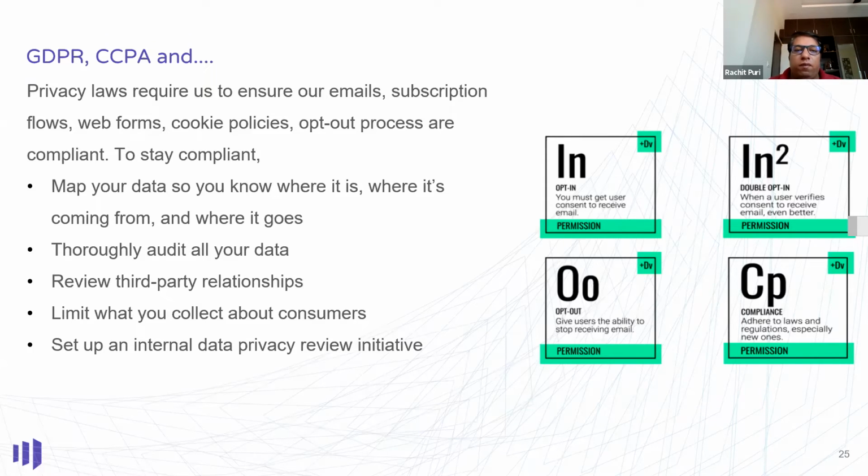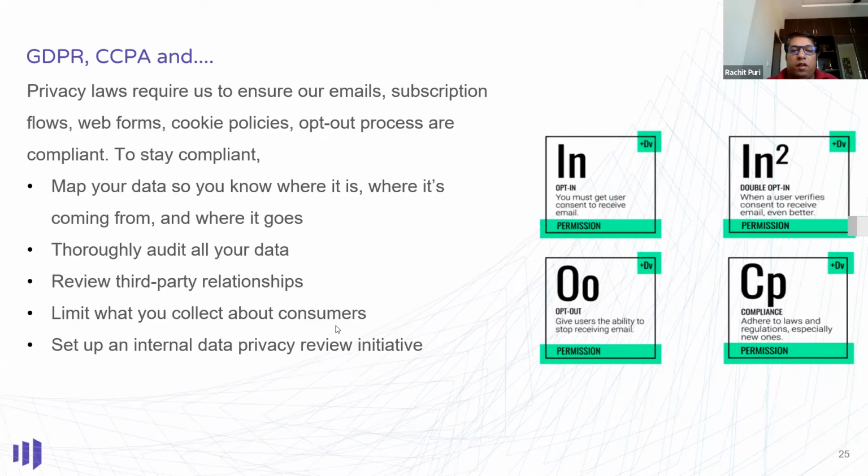But it is really important now that to stay compliant, you have a very clear understanding and documented processes which capture how your data is being captured, where it is coming from, who's using it, and what happens with that data. So it's really critical to audit your data processes and also review any kind of third-party relationships.